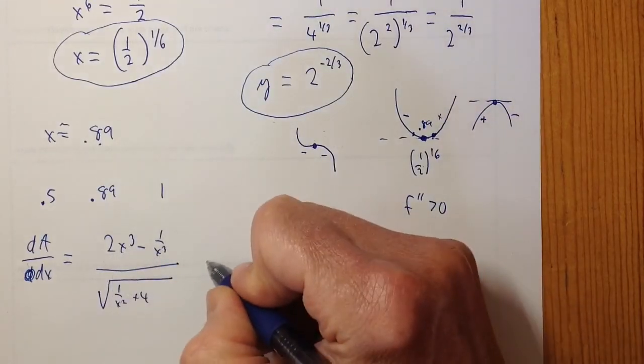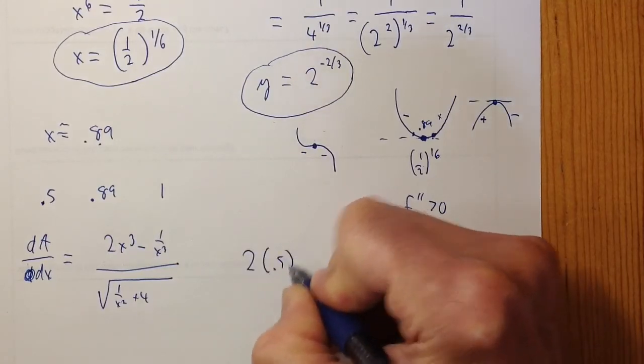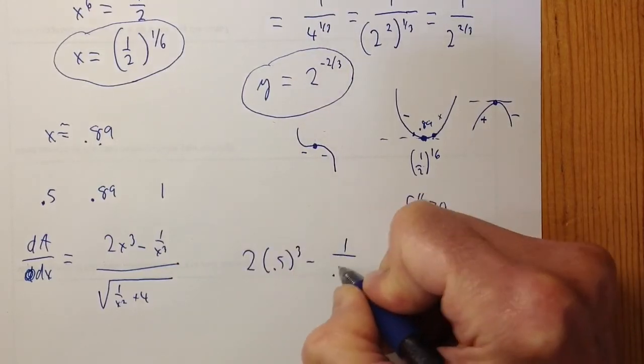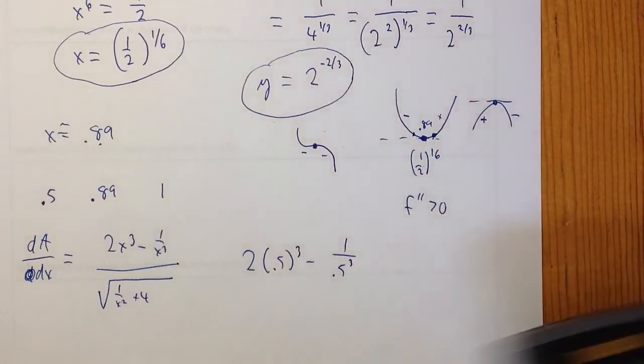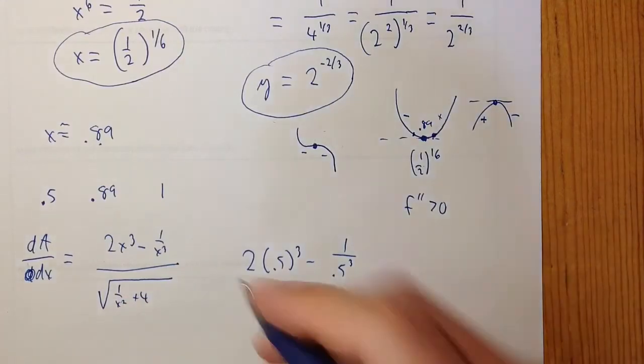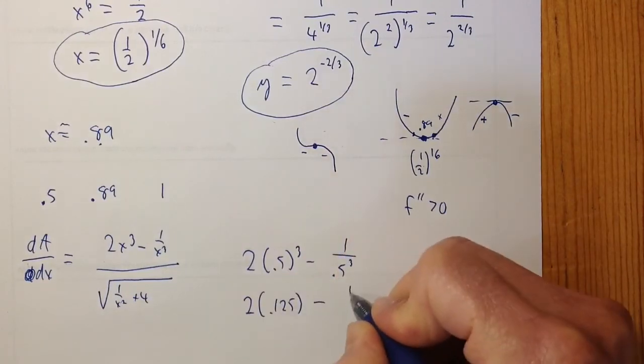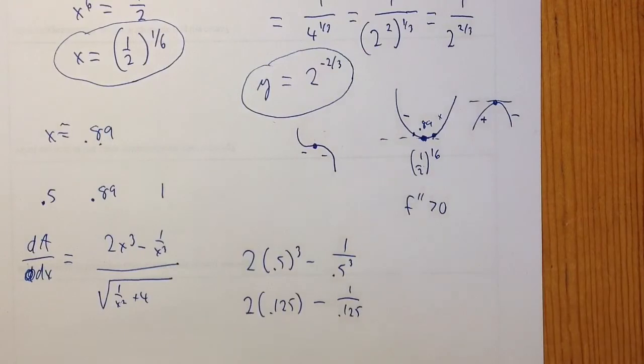So let's do it for 0.5. We have 2 times 0.5 cubed minus 1 over 0.5 cubed. That's not so bad. 0.5 squared times 0.5 is 0.125. So this is 2 times 0.125 minus 1 over 0.125. Let's see, this I can do in my head.